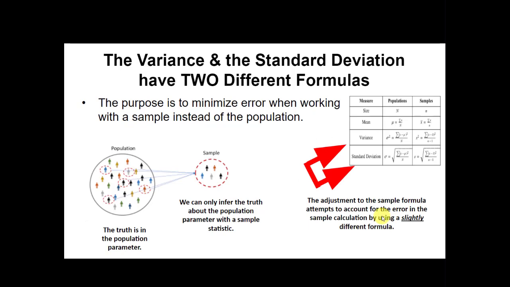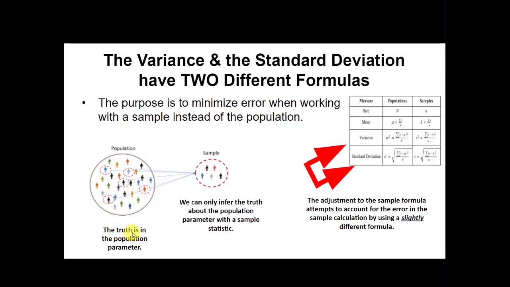Let me explain just a little bit more. Here is a population, and from this population, 5 people were taken to make a sample. If we wanted to learn about this population, the truth exists within this population. Say we wanted to know the average age for everybody in this circle.